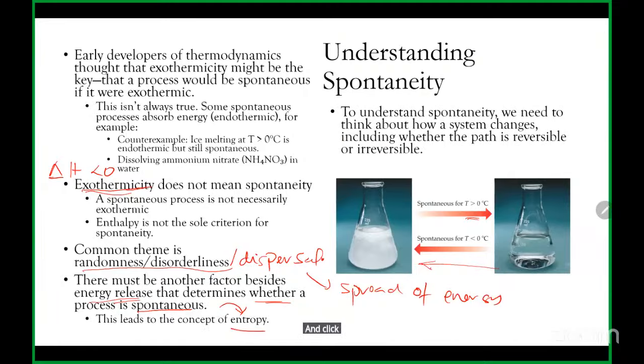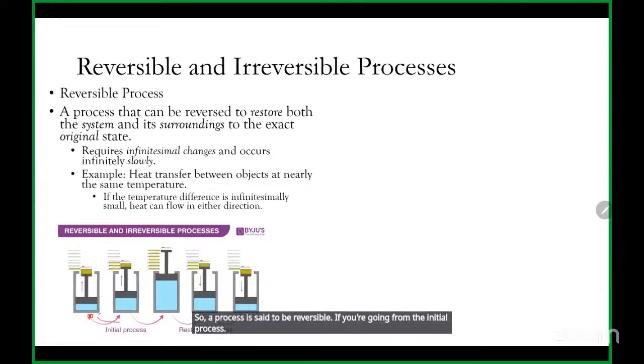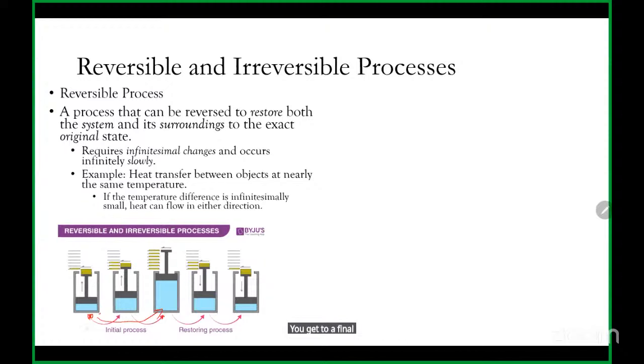To understand entropy as we go along, let's define again the concept of reversibility and irreversibility. A process is said to be reversible if you're going from the initial state, you get to a final state, or an intermediate state, and then you come back to that initial state.